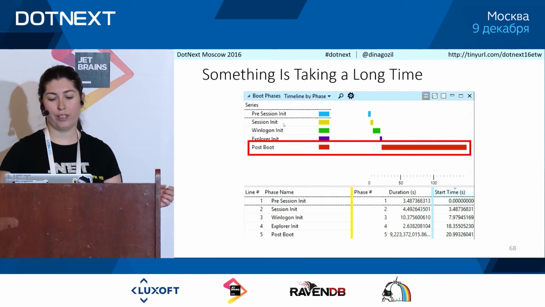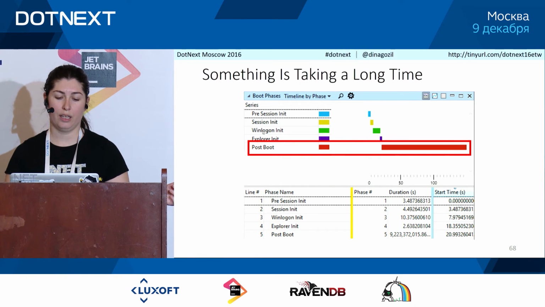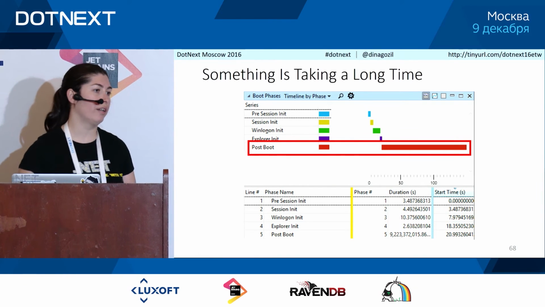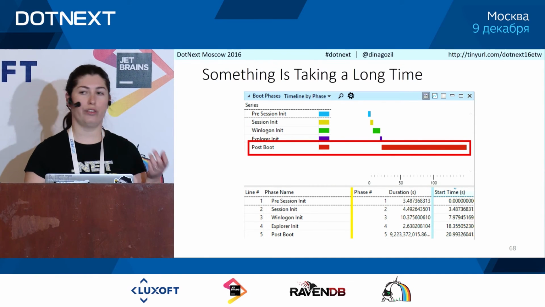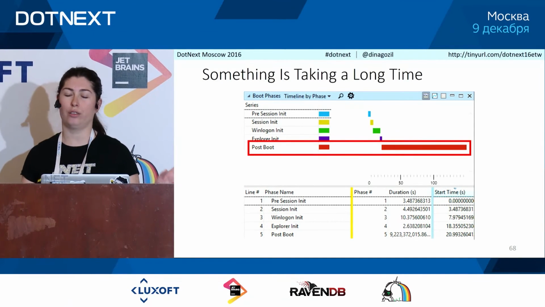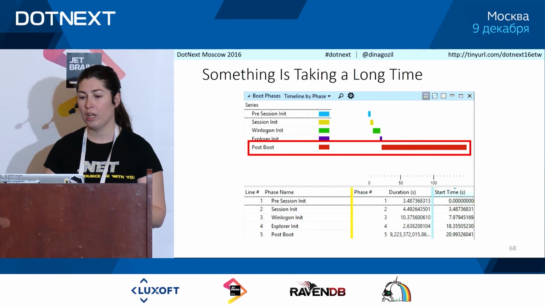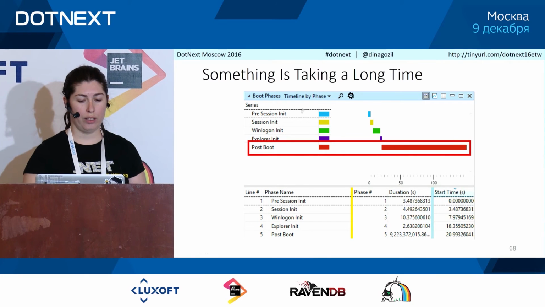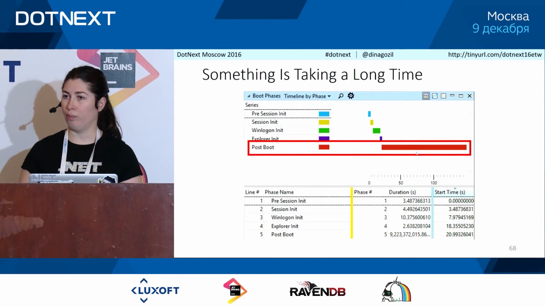You can see, for example, how long it took for the session to initialize, and you can see how long it took to log in. So, for example, if you're logging in over the network and your connection is slow or whatever, you could see that logon takes a long time. And you can see the time that it took for Explorer to initialize. And then there's something called post-boot.